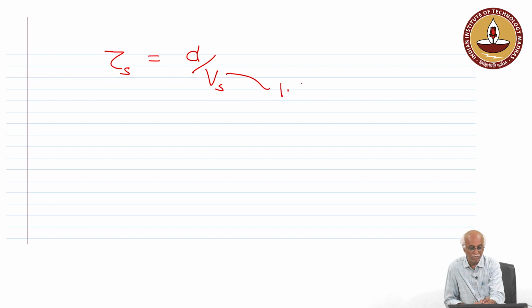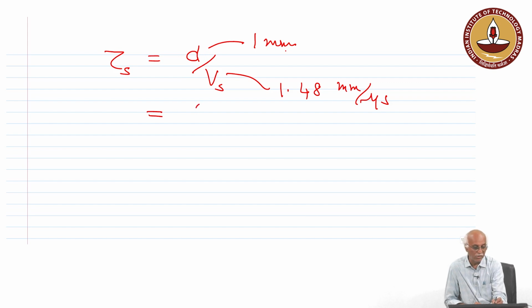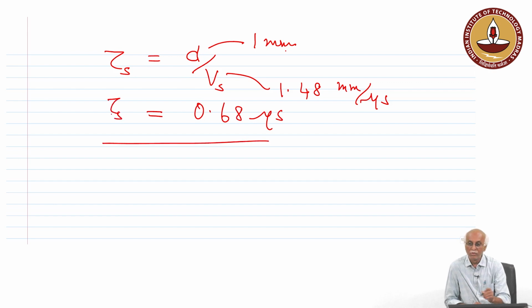So 1.48 millimeter per microsecond, and d is of course 1 millimeter from the previous example. So tau s is around 0.68 microsecond. So the stress relaxation time is of the order of a microsecond.